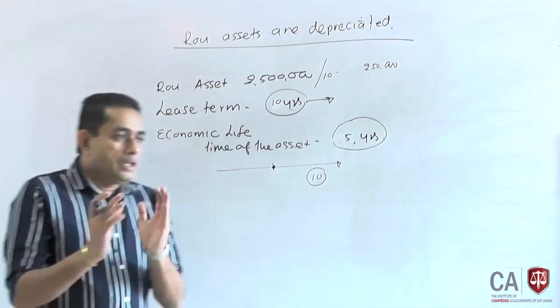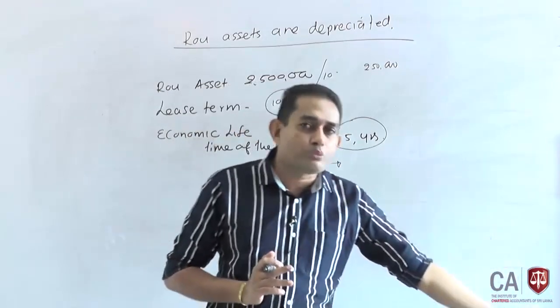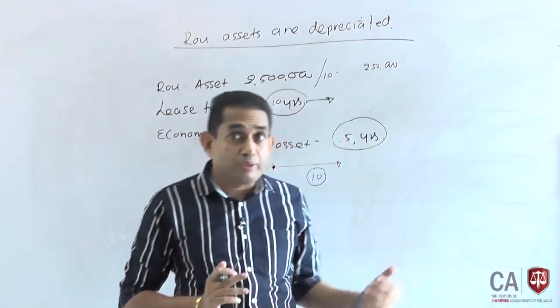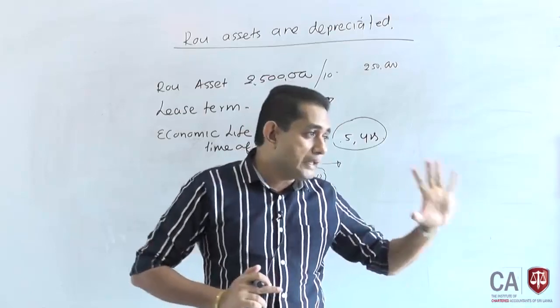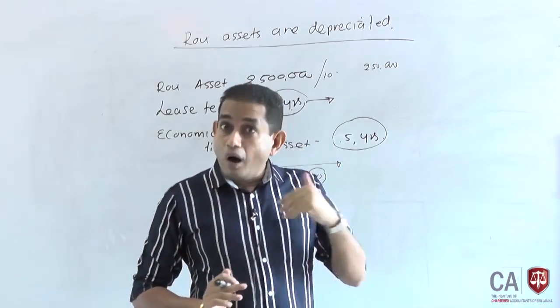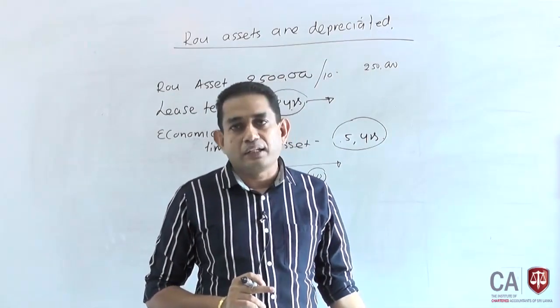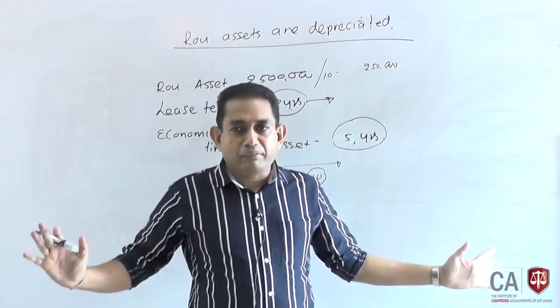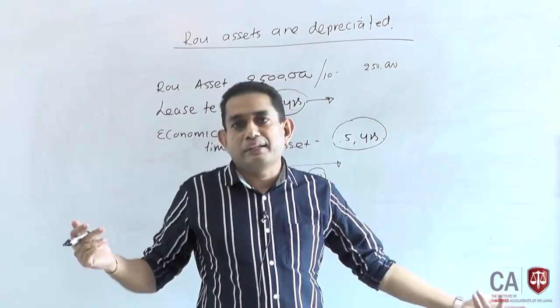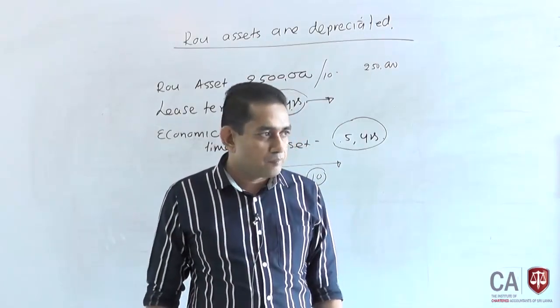Now, if a purchase option has been given to the lessee and the lessee is very much likely to exercise the purchase option, or if the lease agreement provides for the legal title to pass to the lessee under the lease term, you can start depreciating the asset over the economic lifetime.